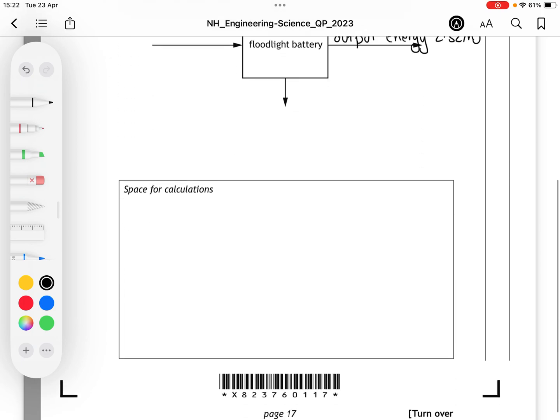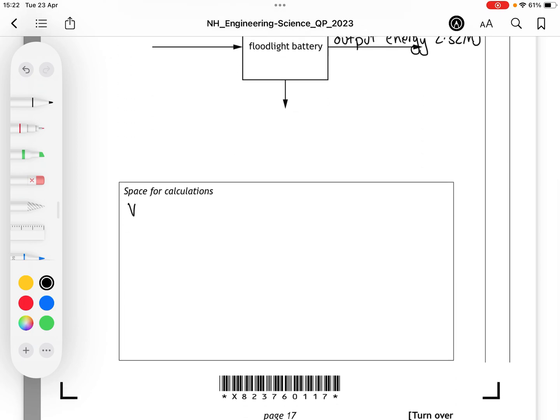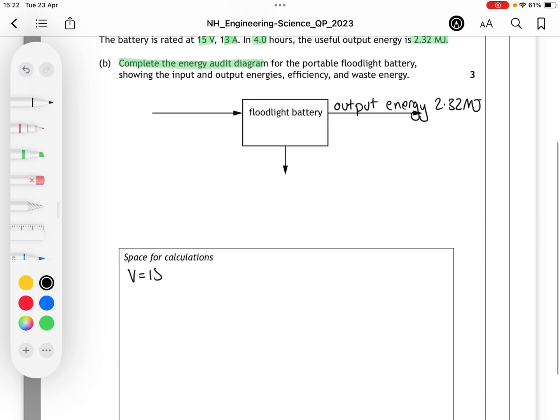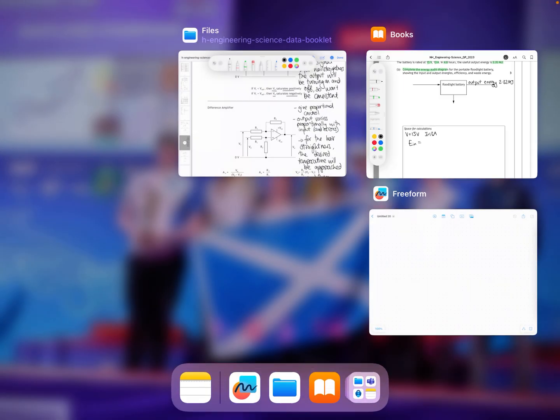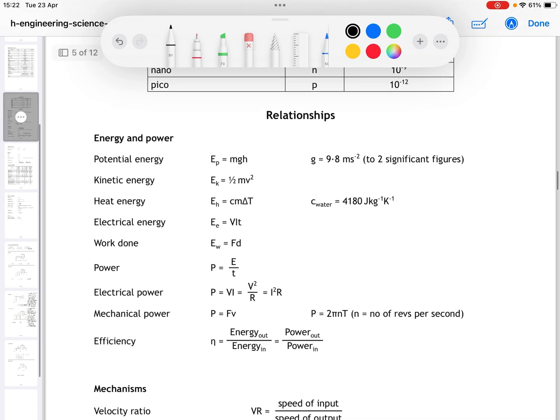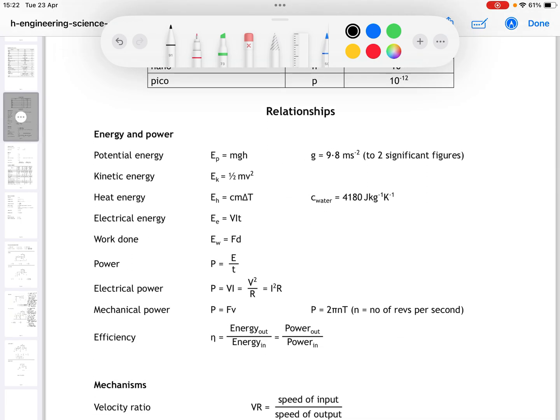So our input energy, if we know that the voltage of the battery is equal to 15 volts and the current of the battery is equal to 13 amps, we can say that energy going into this is, let's have a look in our data sheet here.